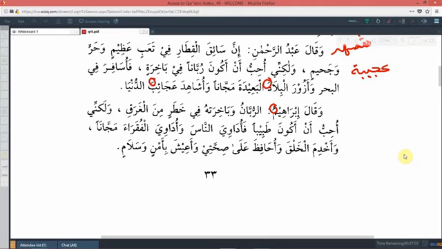The captain, الربان, and his steamship, وباخرته, are in danger, في خطر. خطر, danger. من الغرق, from sinking or drowning.